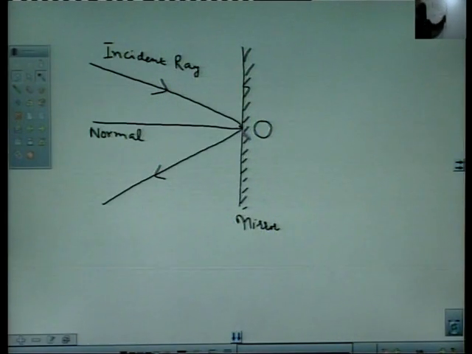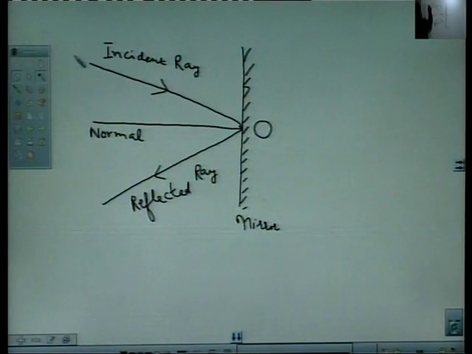And this ray is called reflected ray. So, we have two rays, AO and OB. AO is called incident ray, ON is called normal, and OB is called reflected ray.